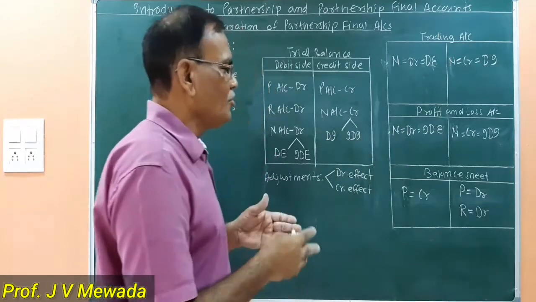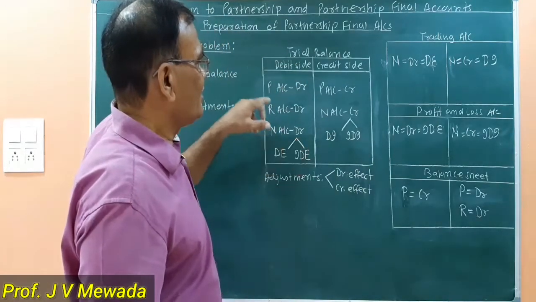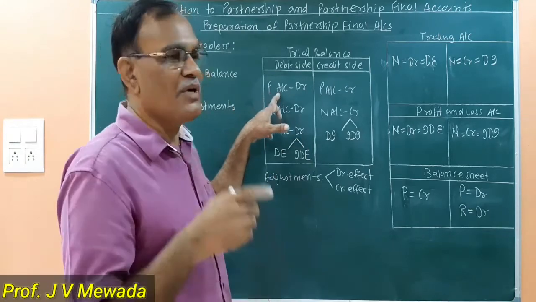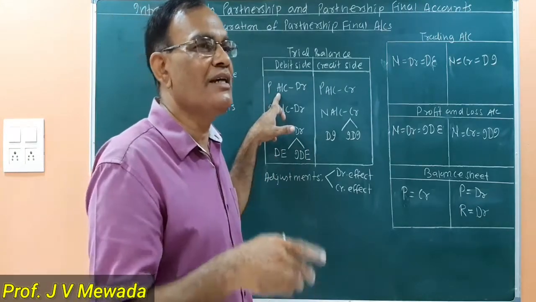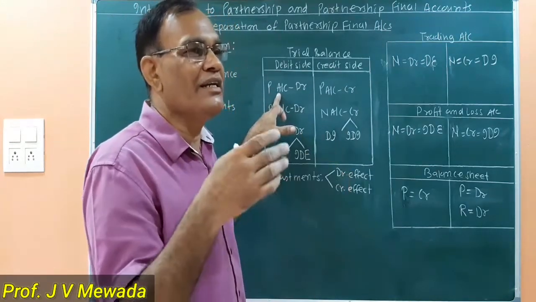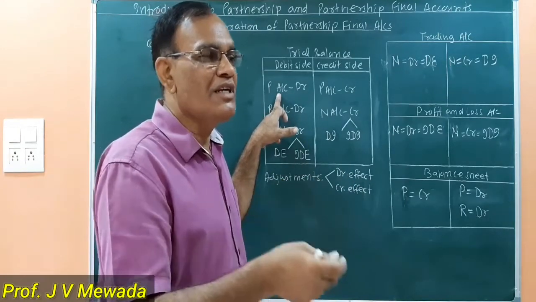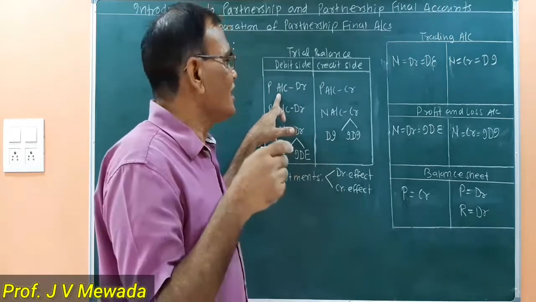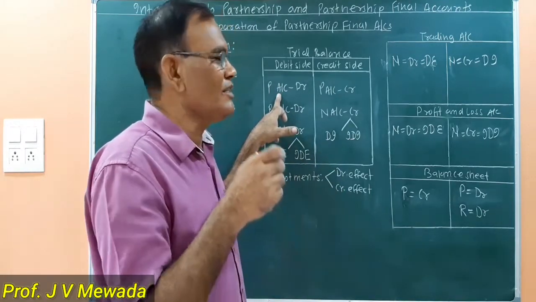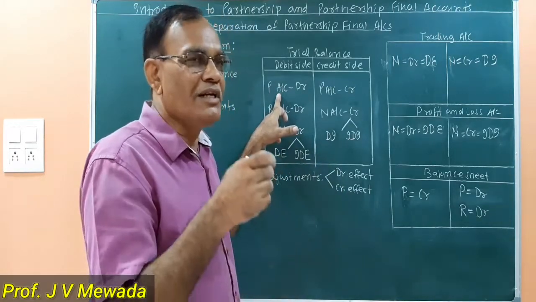Now, how are we going to transfer? Let us see the debit side. Personal account debit balance means they are the assets. For example, debtors, amount is receivable from the debtor. Bank, amount is receivable from bank. So these are the accounts which are personal accounts, and they have debit balance.